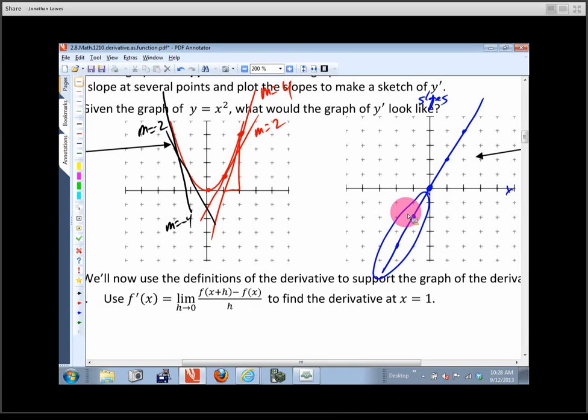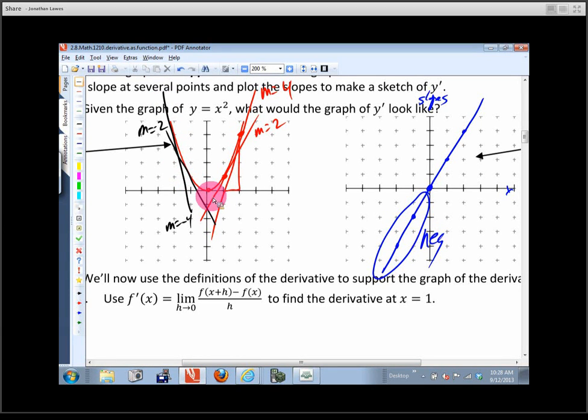Not the slope of this line, the slopes they represent over here. They're all negative. Okay? In fact, I'll write it here. They're all negative. That means this graph always has negative slopes. It's always pointing downward.